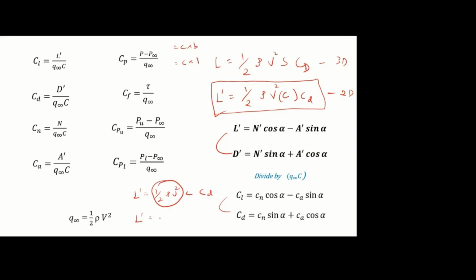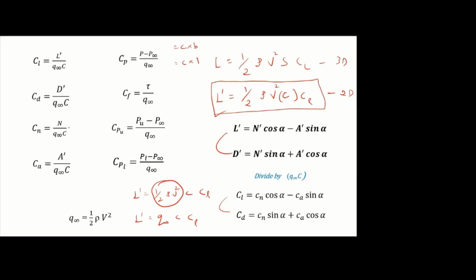So instead of half rho V square, we are denoting this as Q infinity C cl. Sorry, CL, right? There I wrote CD, no one told me that was wrong. So lift means CL, right?